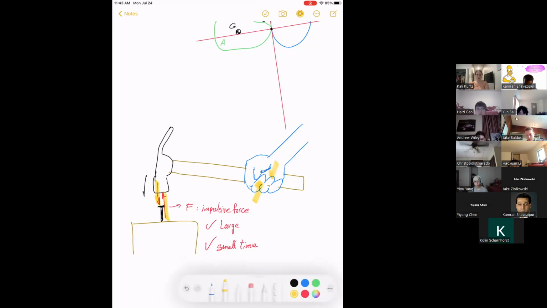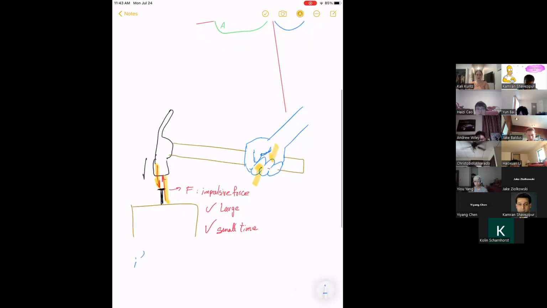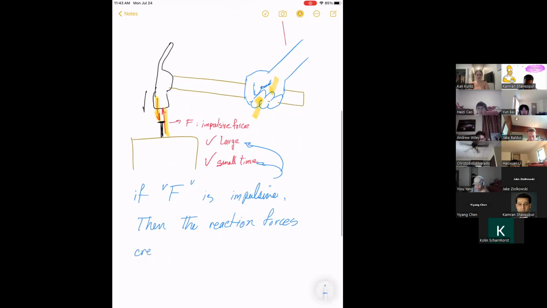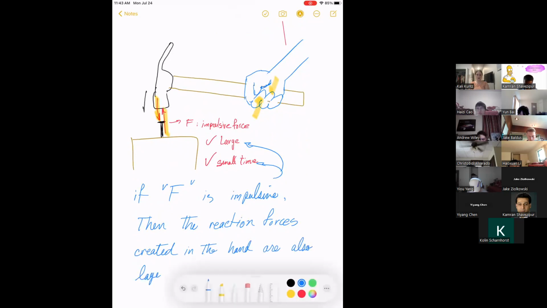What that means is this: if F is impulsive, which means it is large and happens in a small time, then the reaction forces created in the hand are also large and impulsive, right?